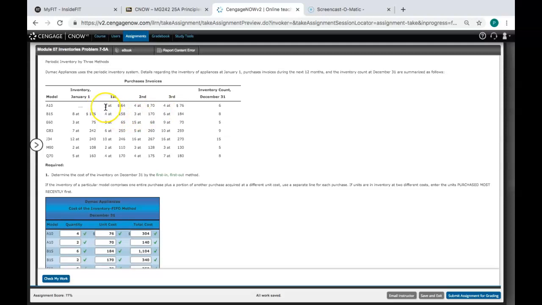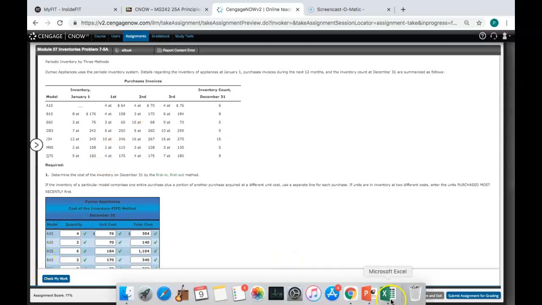So for instance, the first one, we take 4 times 64, then 4 times 70, and then 4 times 76, and we add those 3 values together. Then we divide that amount by the number of units purchased. So here, 4 plus 4 plus 4 is 12. I'm going to prepare a little spreadsheet to illustrate that more clearly, and when we come back, we'll take a quick look at that.